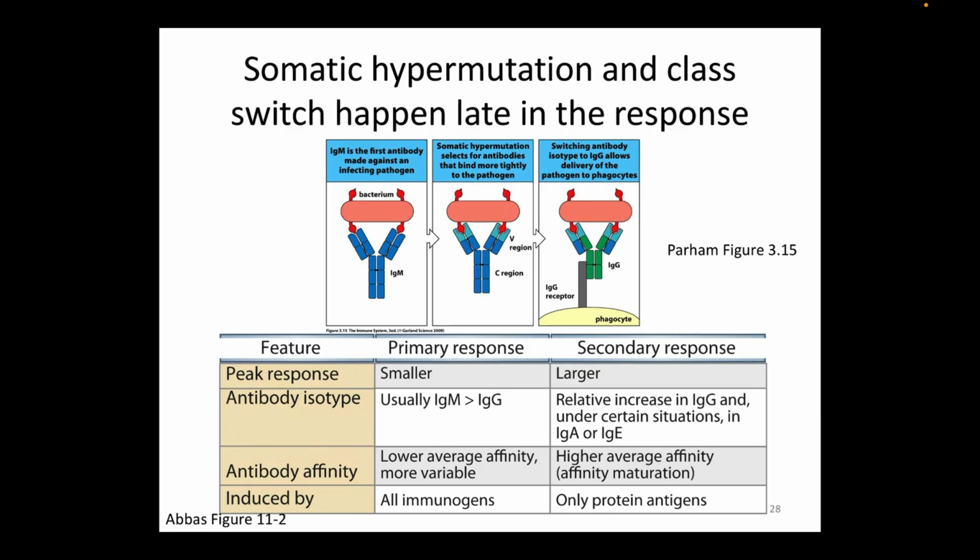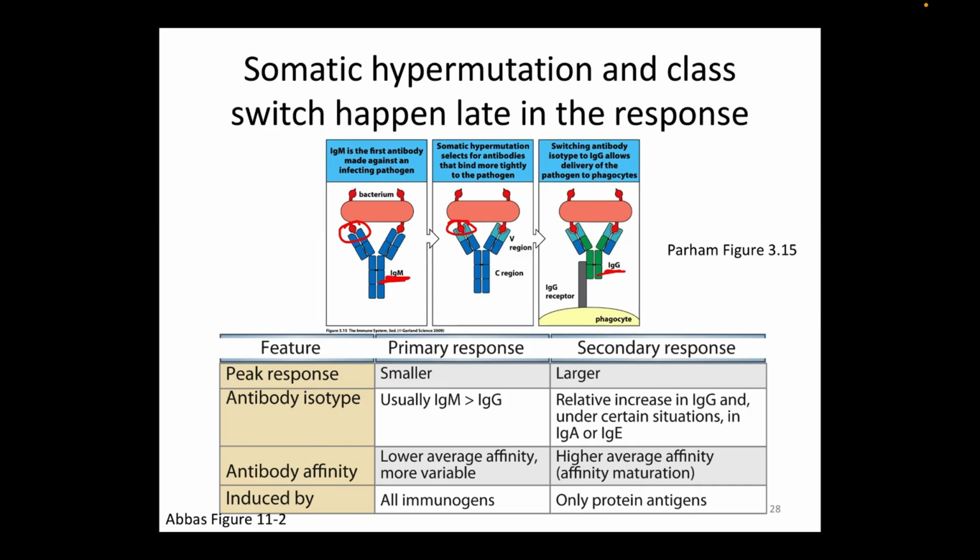There are some other kinds of changes that can happen to the antibody genetic material. One of them is that we can actually have a switch of which constant region exons we're using to switch from maybe using IgM to IgD. We can also see some changes in the site that binds to antigen to influence the affinity of the antigen.